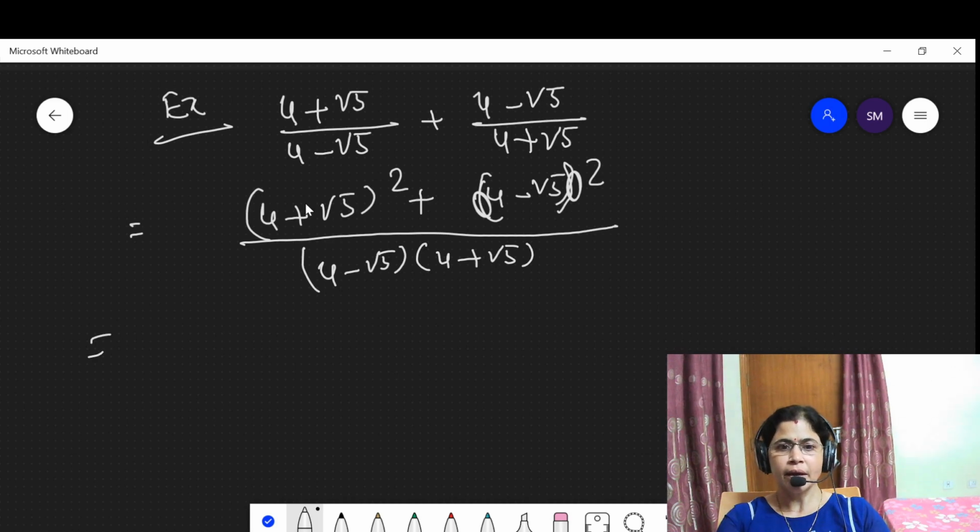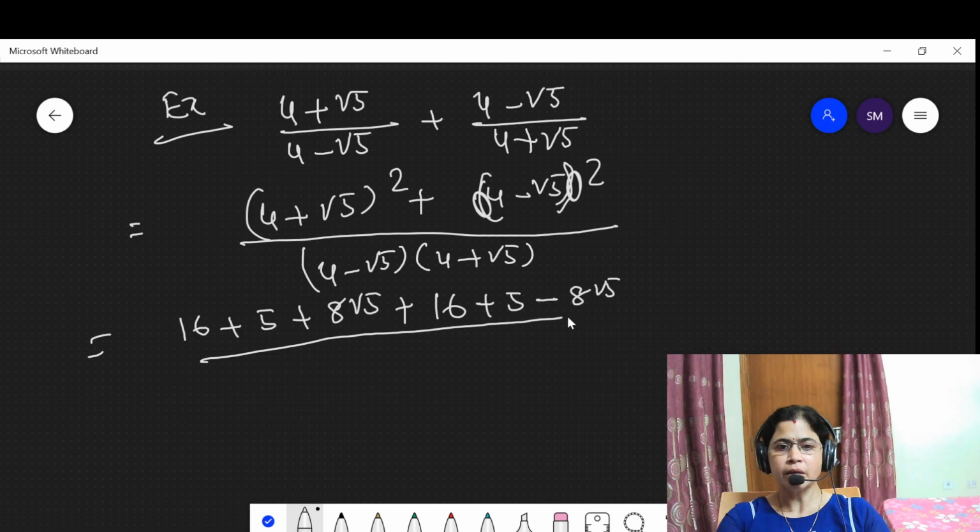Then a plus b whole square is a square plus b square plus 2ab, 2 into 4 into root 5. A minus b whole square is a square plus b square minus 2ab. The denominator is a plus b into a minus b, which is a square minus b square.